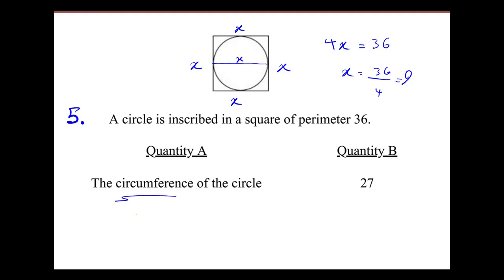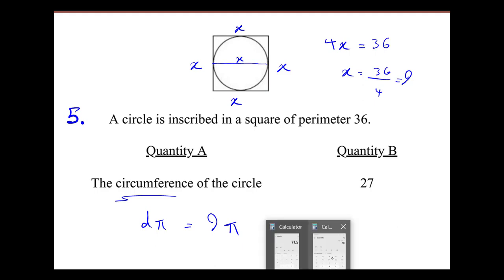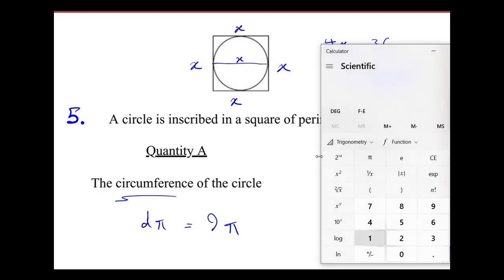The circumference of the circle is the diameter multiplied by pi. What is the diameter? It's x. It's 9 multiplied by pi. Pi is 3.14, and if we multiply by 9, let's see what it will be with the calculator. 3.14 multiplied by 9.